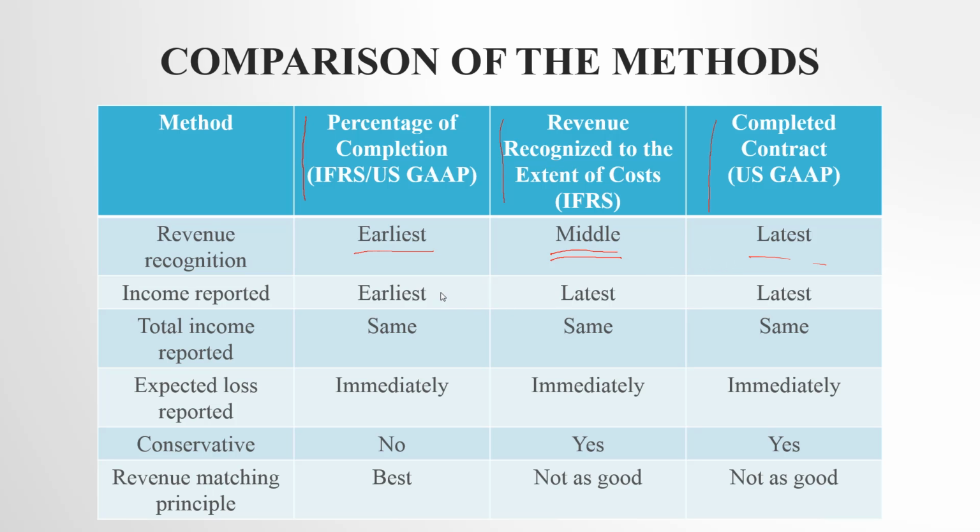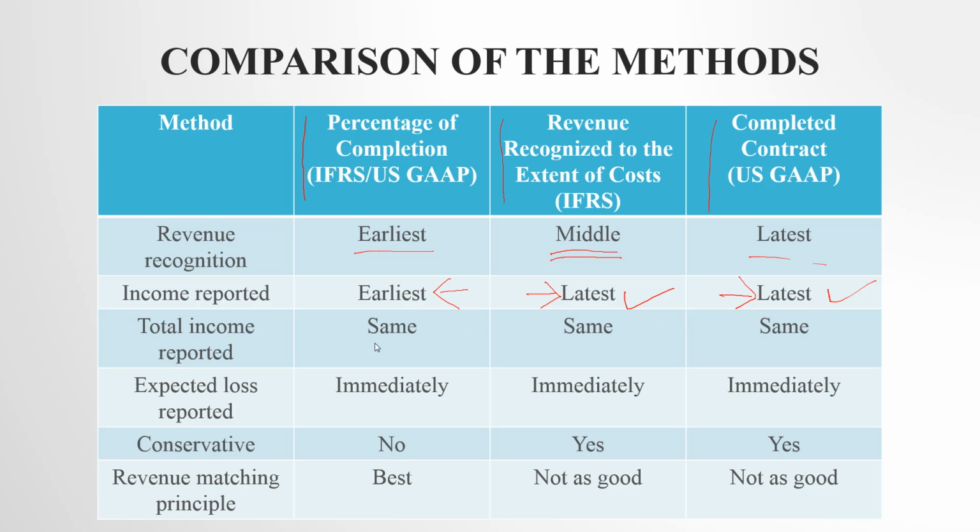In terms of income, again, the percentage of completion method reports positive income even though all the costs have not been recouped. In the IFRS method and the US GAAP method, no income is reported until all the costs have been recovered and the contract has been substantially completed.